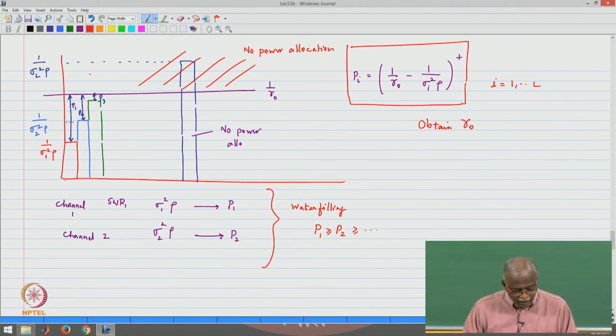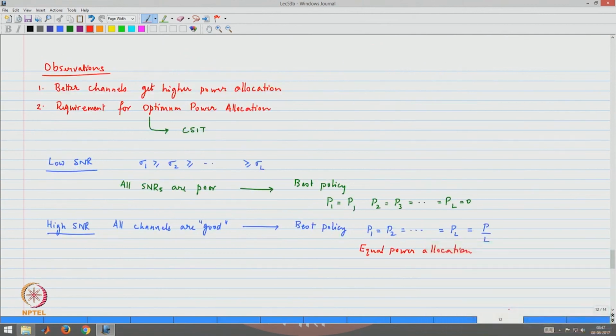Now what we want to observe is one more observation. When we have such an equal power allocation, let us do a quick calculation.